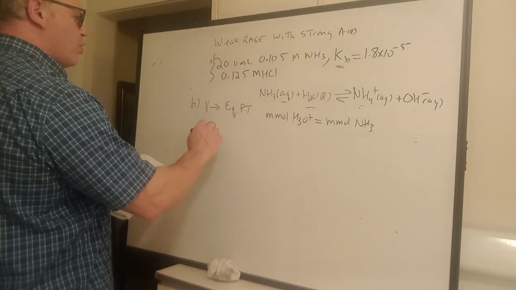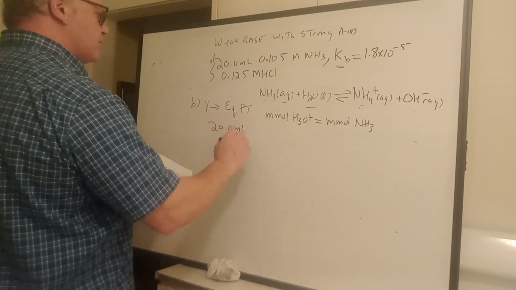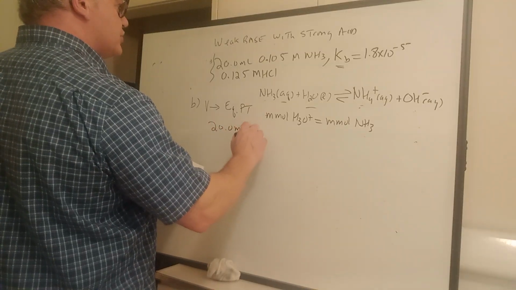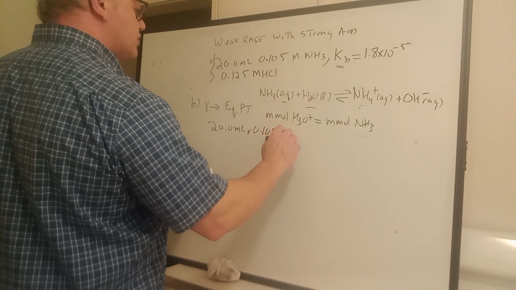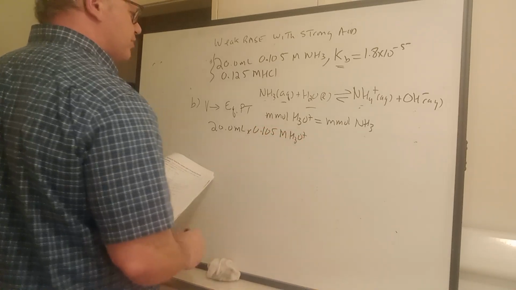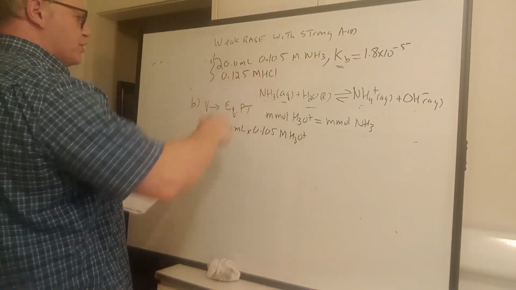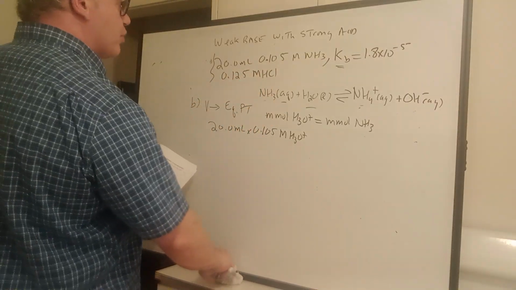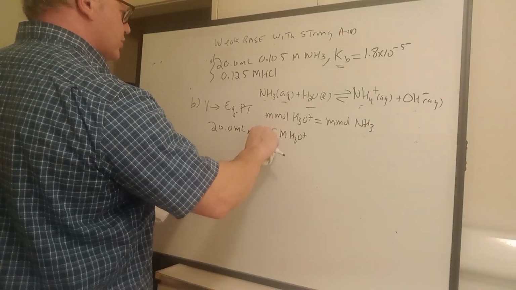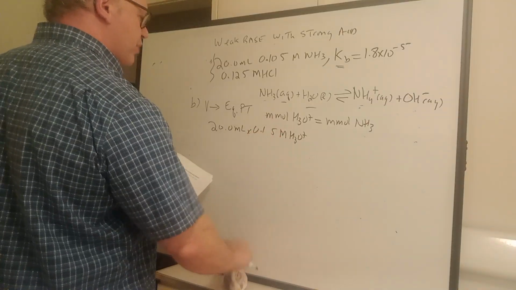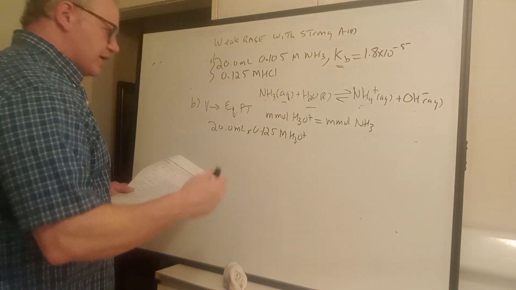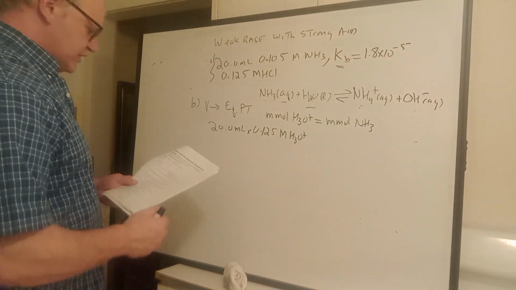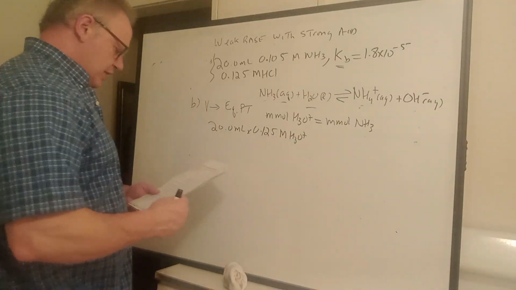So we have 20 milliliters of 0.105 molar H3O plus, because this is 1-to-1 with, should be a 125. I'm getting confused with that. I don't know why I picked 105 and 125. Probably just wanted to use slightly different numbers to make it a realistic type of problem where things often vary a little bit.